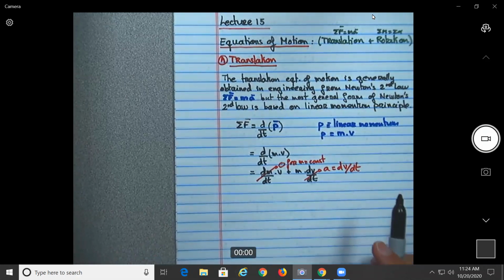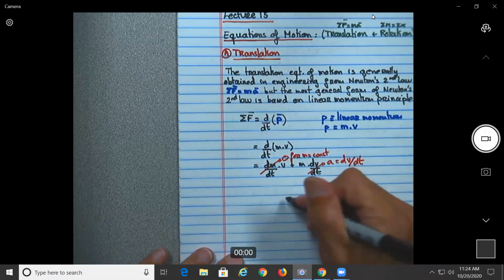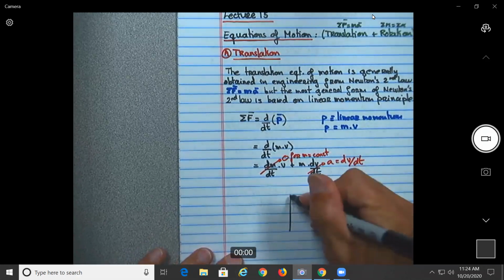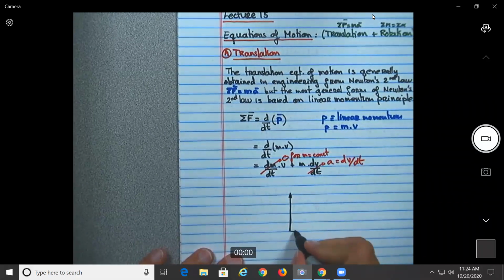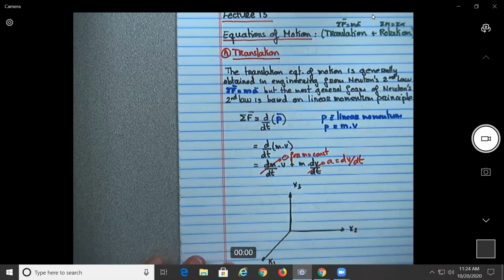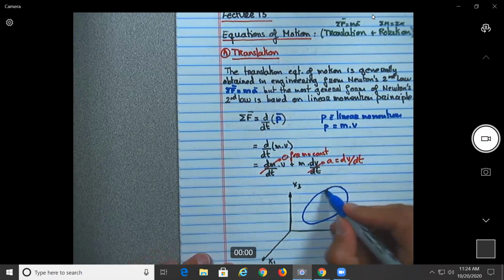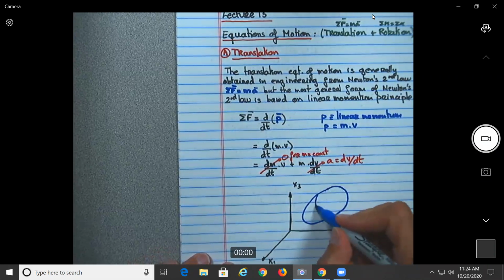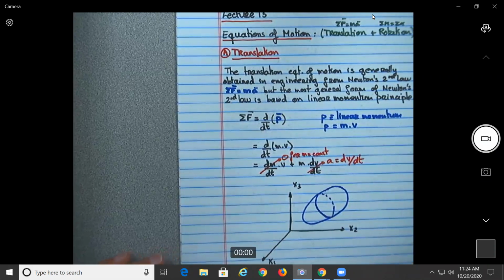Okay, so let's say now that you have a general object or general body. It doesn't matter where you put the coordinate system, okay? So this is your general body.